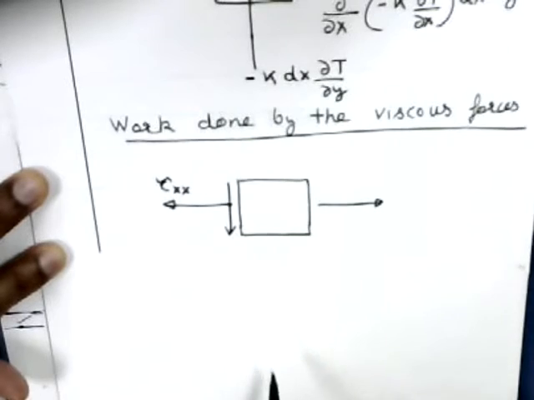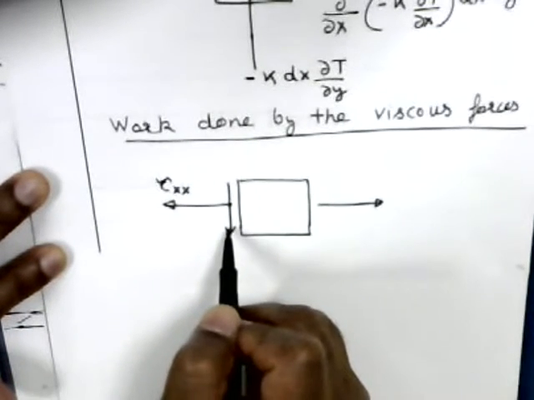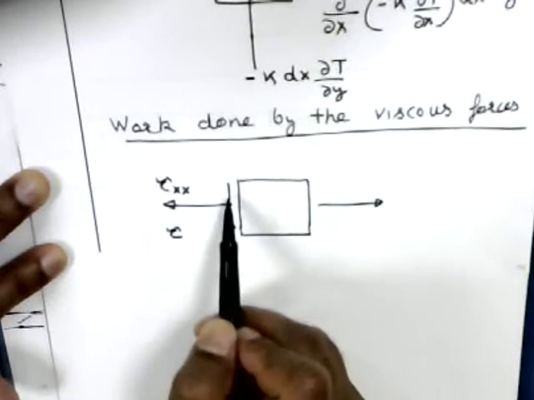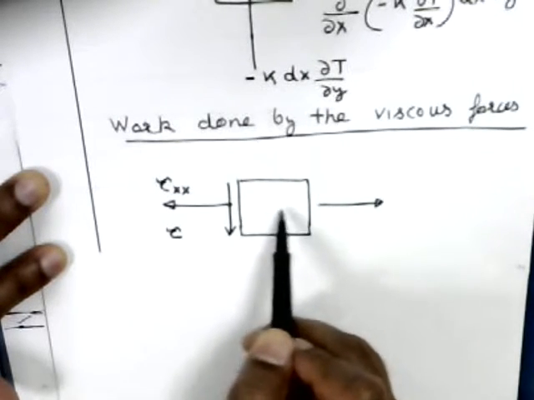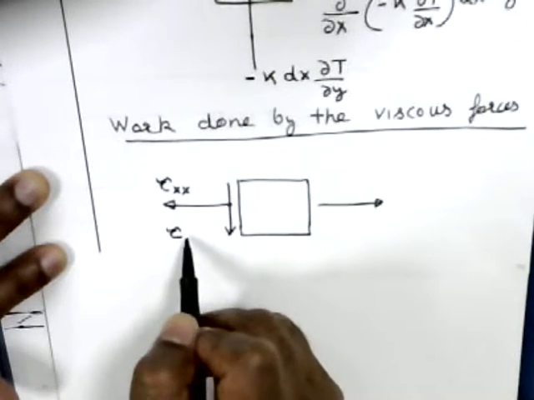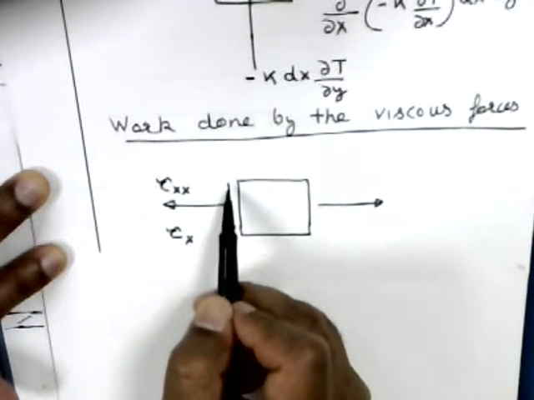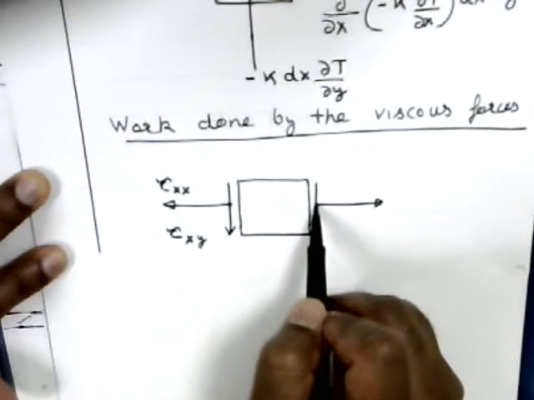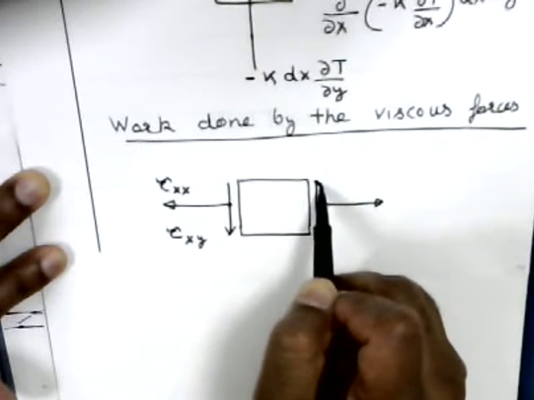You have this understanding based on fluid mechanics also. So this will be the shear stress on the plane that is perpendicular to the x direction. So I am writing that as tau x, and it is in the y direction. So tau xy. On the right side, it will be in this direction.